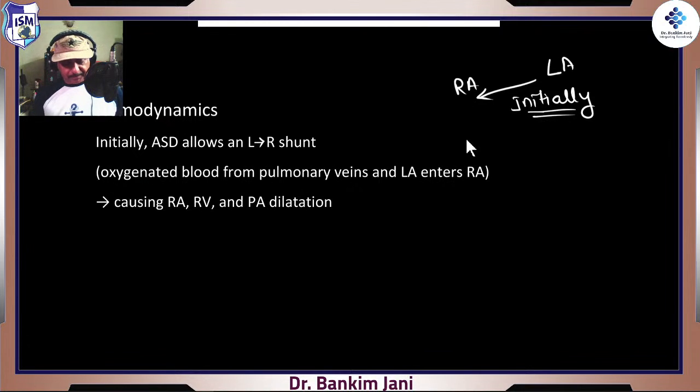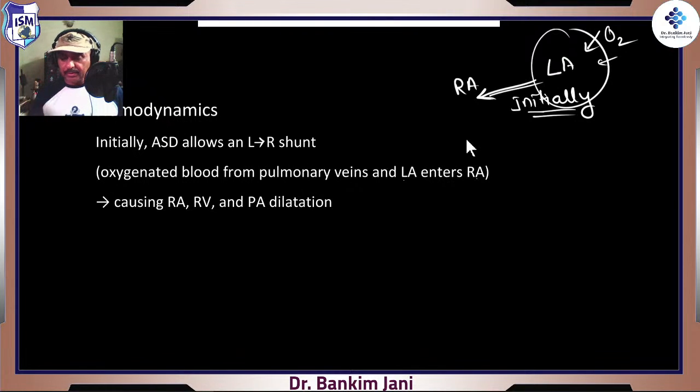How does it adjust? Oxygenated blood from the pulmonary veins and left atrium enters the right atrium, right? So over here, this is having that oxygenated blood which is coming from those pulmonary veins, and then that blood is getting pushed. And this oxygenated blood is now recirculated into the lungs.